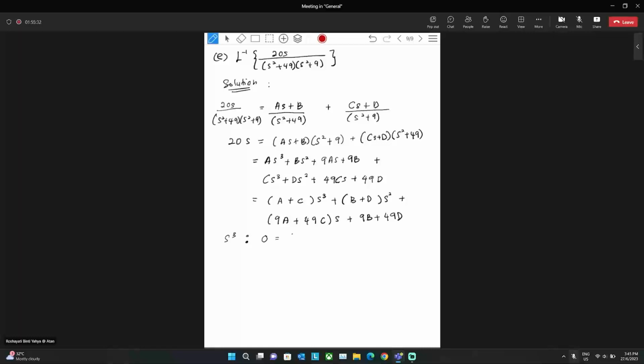On the right hand side we only have A plus C, so that we will get A equal to negative C, or vice versa, it is up to you. So maybe I can just leave it like A plus C, and then for s squared, left hand side equals 0, right hand side is B plus D.